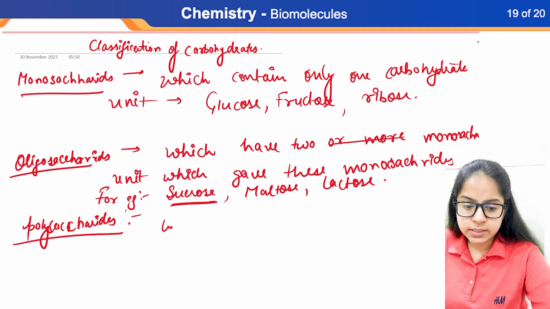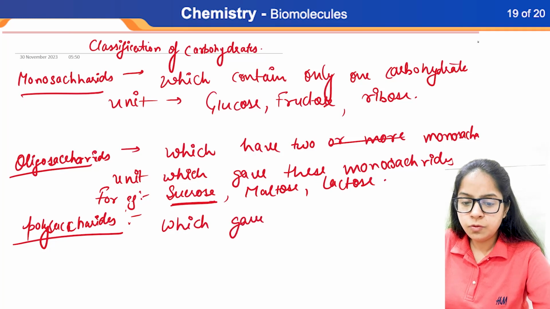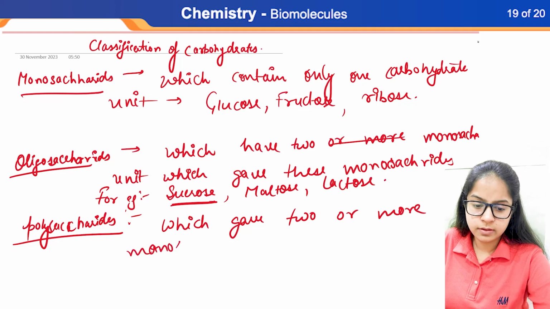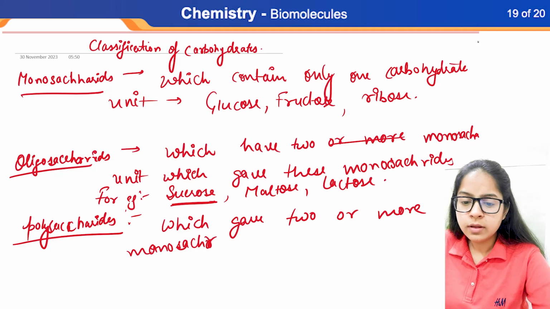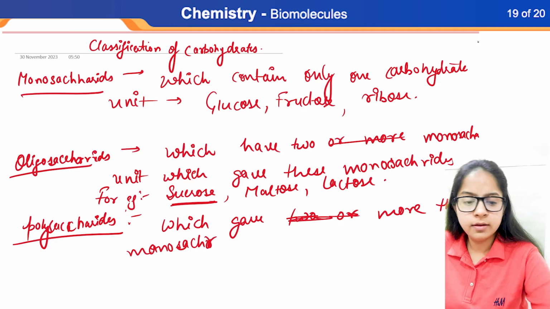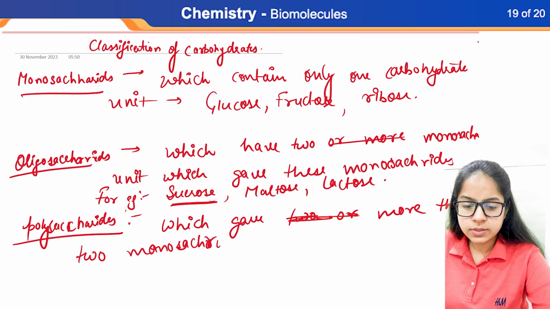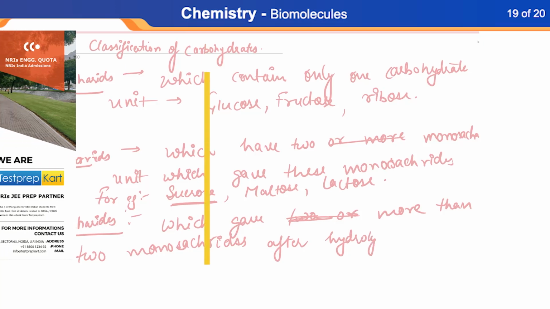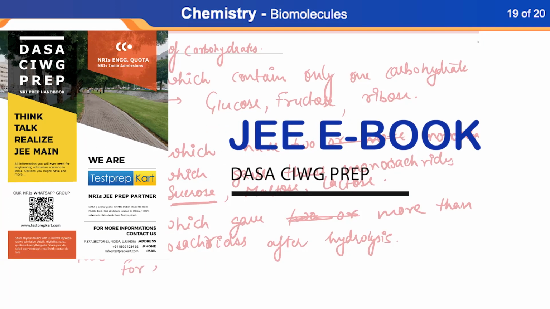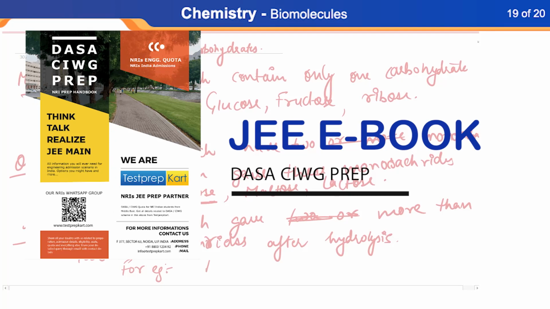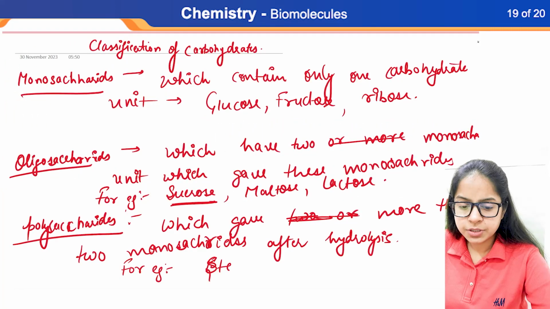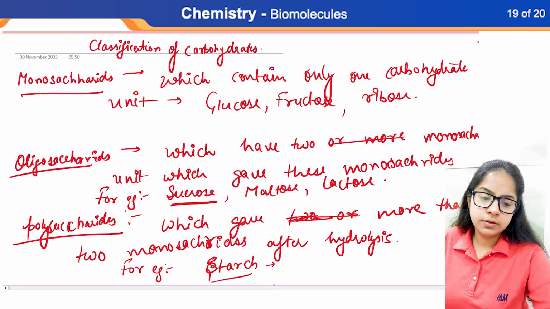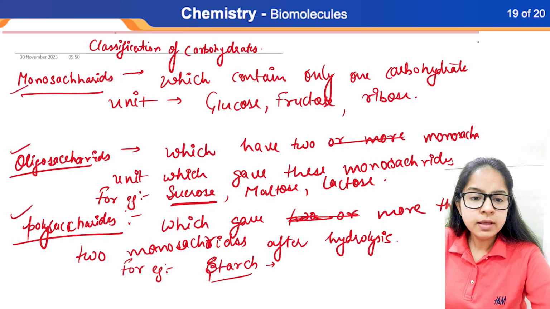Polysaccharide gives more than two monosaccharides after hydrolysis. For example, starch, which upon hydrolysis gives a large number of alpha D plus glucose. So this is the classification of carbohydrates.